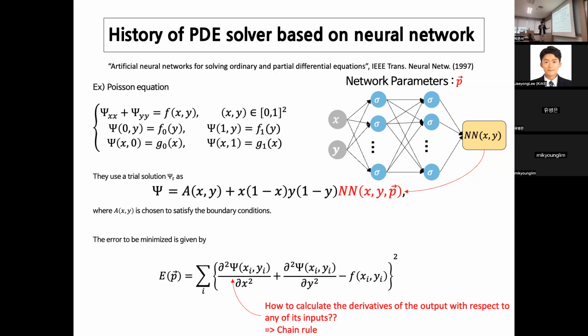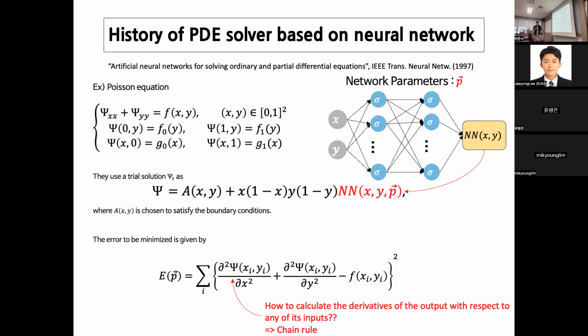And then they can find this neural network parameter p. As I said, this is the network parameter, weight or biases in each node. So they can find this p by minimizing this error, which is the residual error of this equation.